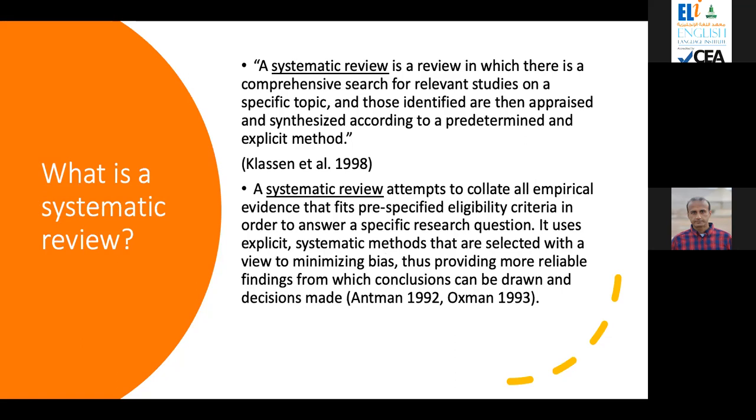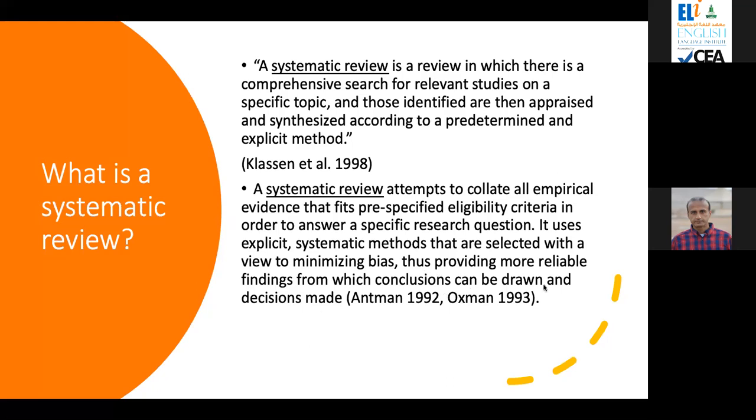Because the outcome of this whole systematic review provides very important insights, and if the studies or the ideas that we are collecting during this process are based on certain academic biases, then of course the decision making that depends wholly and solely on this systematic review can be faulty and can bring harm to what we are trying to make an effort for. So thus providing more reliable findings from which conclusions can be drawn and decisions made.